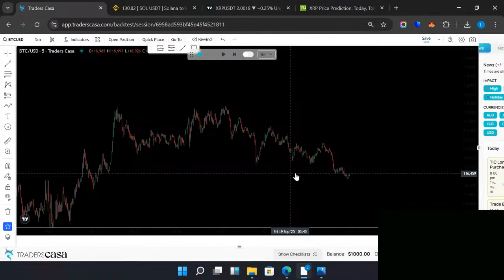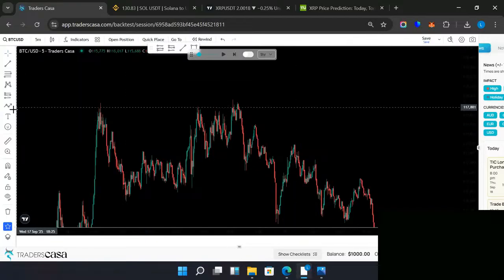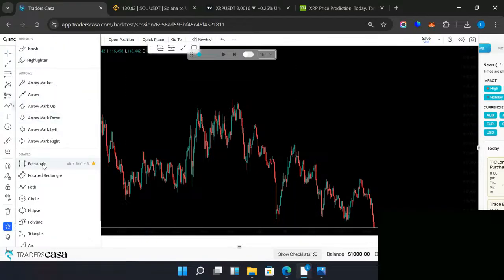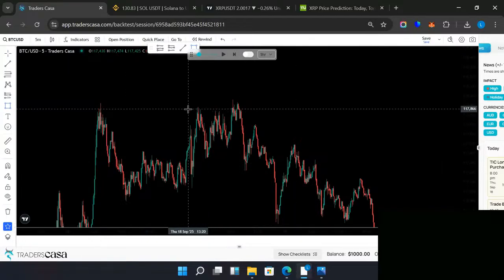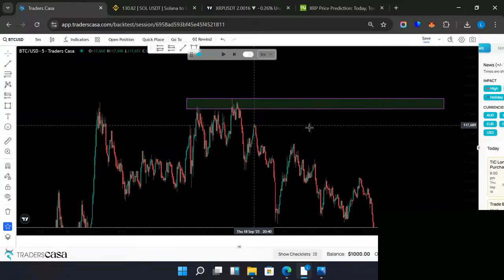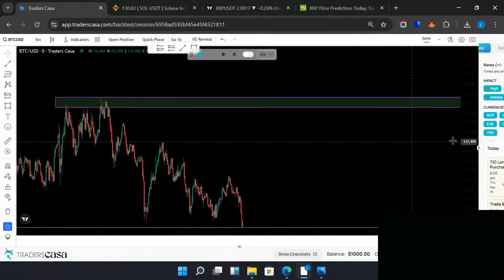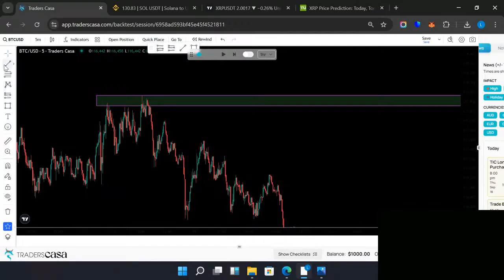Now it's definitely a change, and what we do is we mark out our order block first of all, number one, which is going to be the outermost point over here. Let's take the whole thing as our order block. Let's mark that, and the thing that is going to be swept is this.